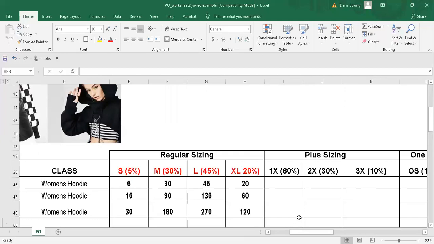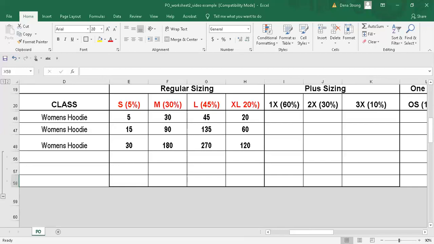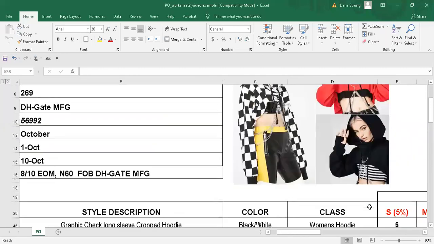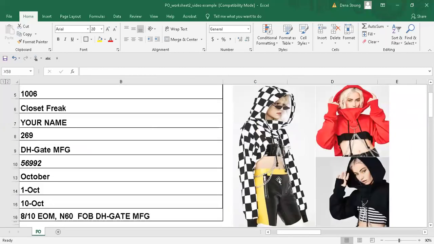You can decide if you want to do a window display with the merchandise, or on your website, create an editorial photo shoot with this hoodie on the front page of your website, directing customers to take a look at the new merchandise. So once again, this is all the work that's involved in buying.